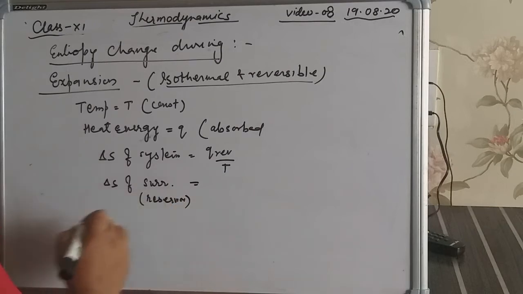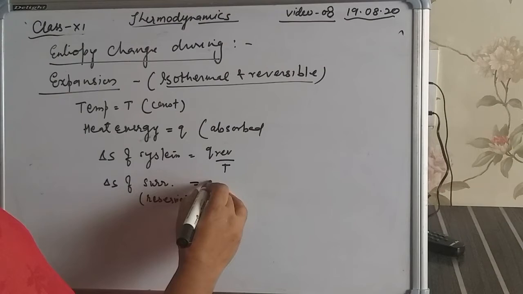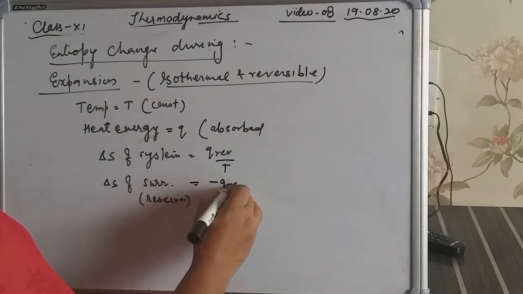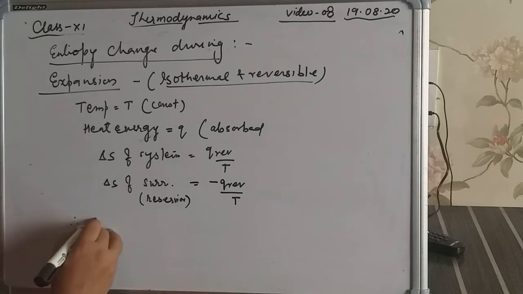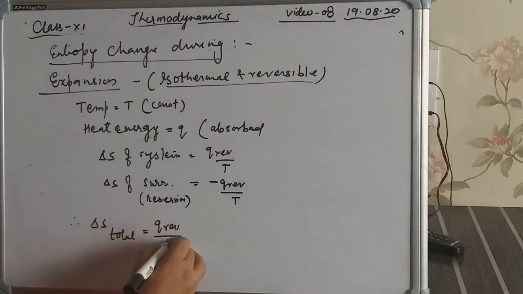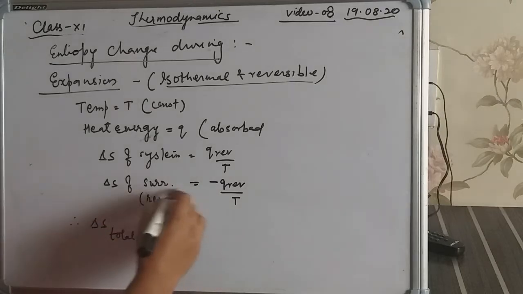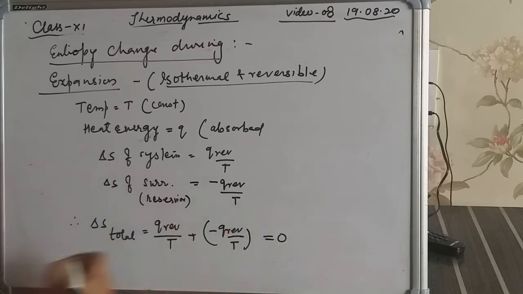In some books reservoir is mentioned instead of surroundings. So it becomes minus Q reversible by T. So total change in entropy, system plus surroundings, becomes Q reversible by T minus Q reversible by T, so it becomes 0 in case of expansion.